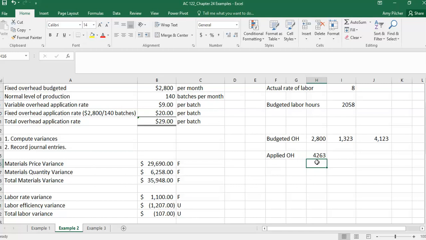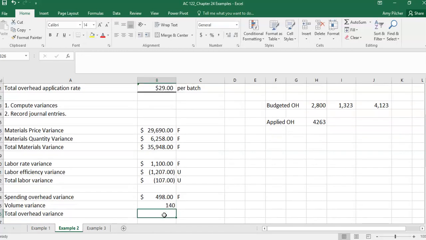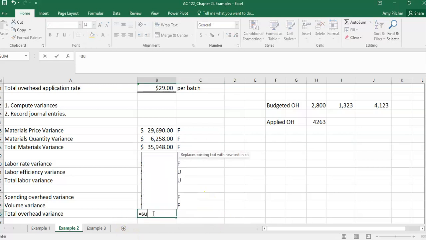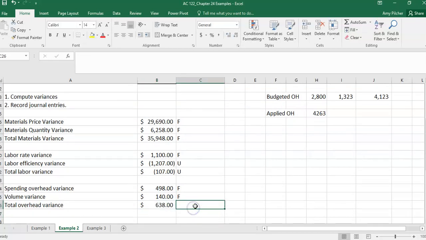The difference between what we applied and what we budgeted, $4,263 minus $4,123, is $140. So our total overhead variance is $638, and that is a favorable amount.